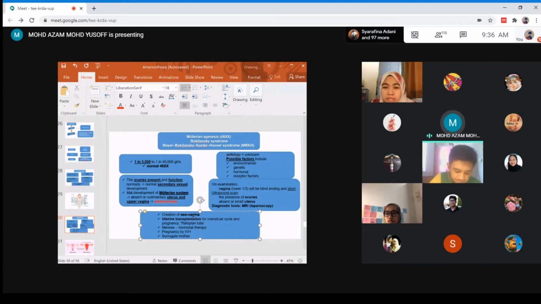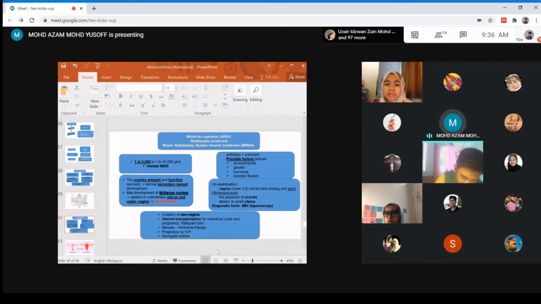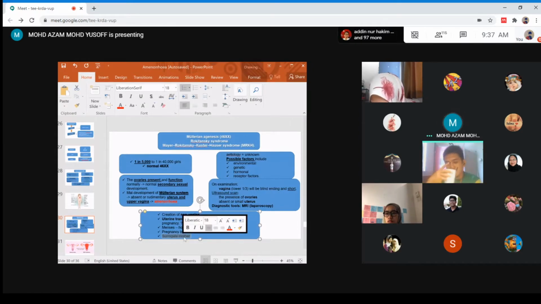So far, the uterus has been transplanted for pregnancy, but the pregnancy still has to start with IVF. We do IVF, and after that we put the embryo in the uterus. Okay, and the surrogate mother.